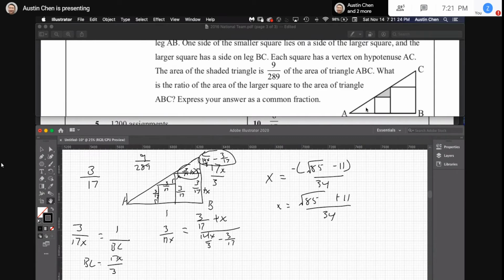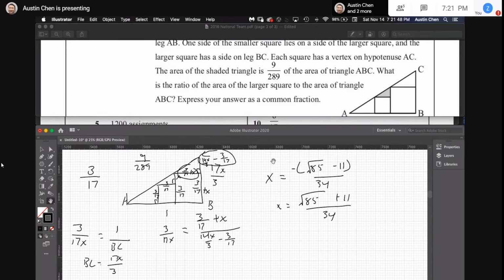So why that doesn't matter is because we want the ratio of the area of the larger square to the area of the triangle, right? We could put the smaller square in two different spots, but the larger squares are going to change.